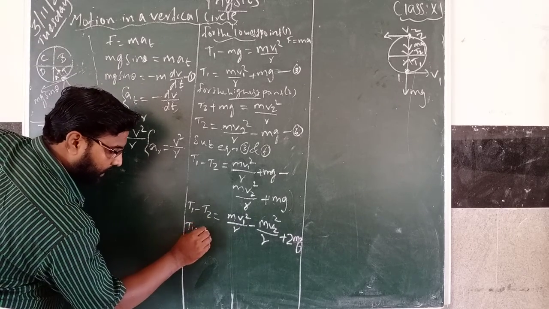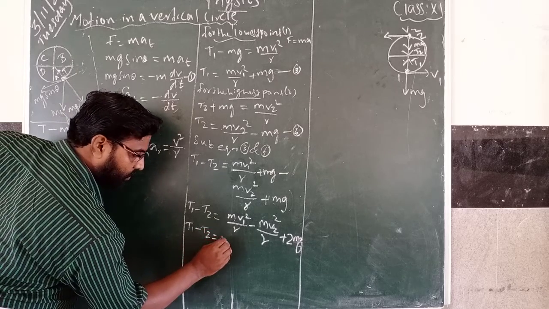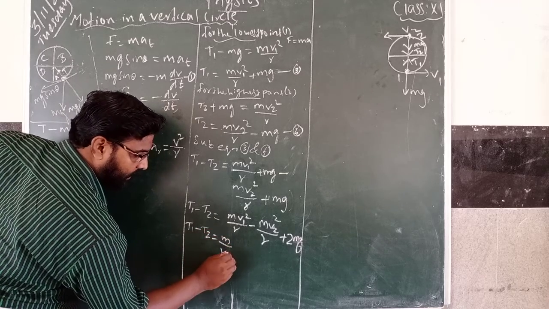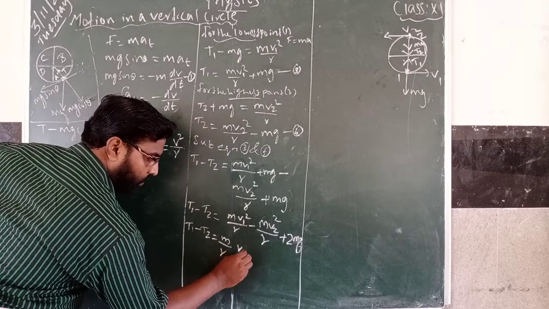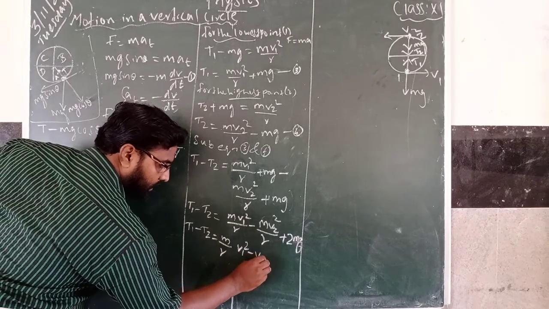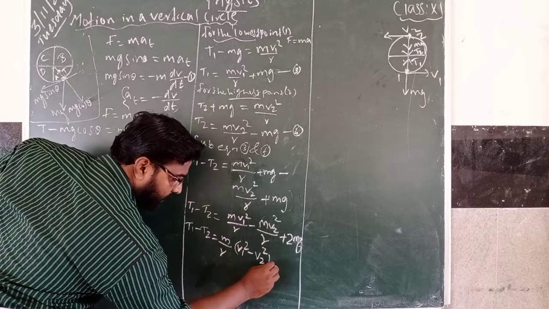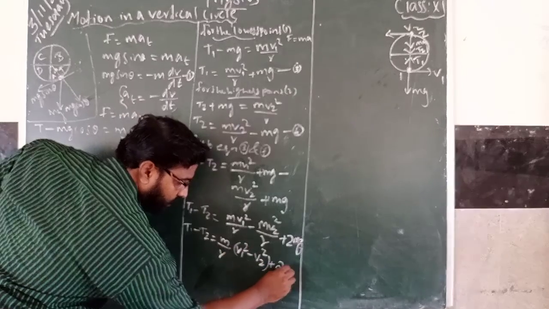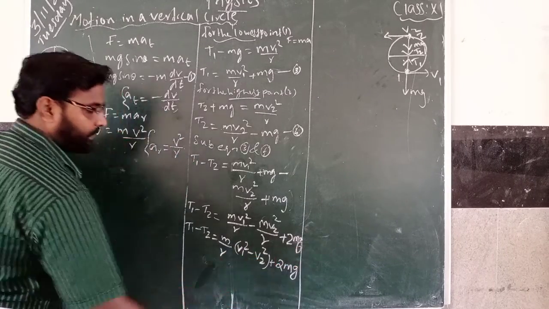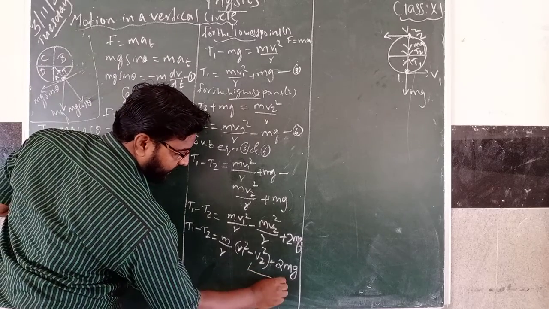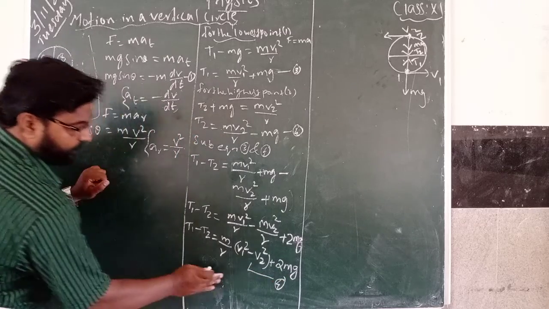So T1 minus T2 equal to m by r, v1 square minus v2 square, plus 2 mg. This you can keep equation number 4.